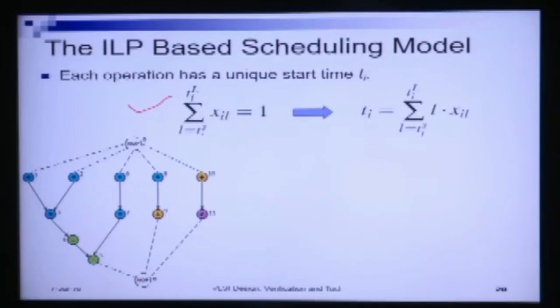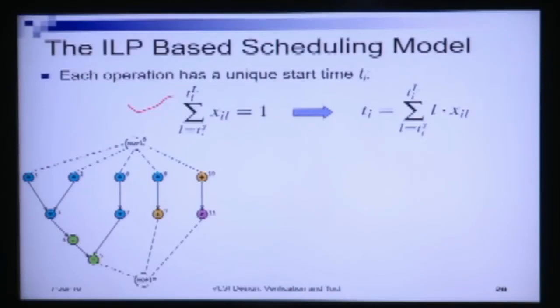So, to denote this through a constraint in the ILP model, we have an objective function and a set of constraints. Now, to model the constraint that an operation can start in one and only one time step, we apply the following, shown here on the left: summation l equals T_i^S to T_i^L, x_il equals 1.